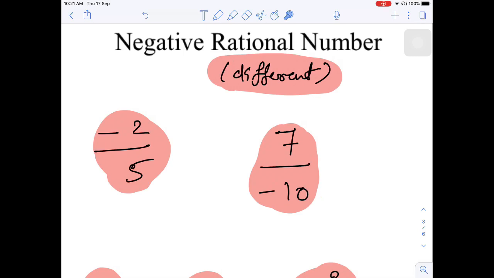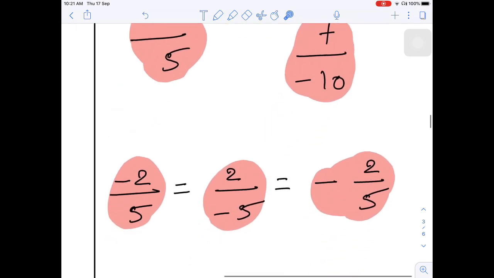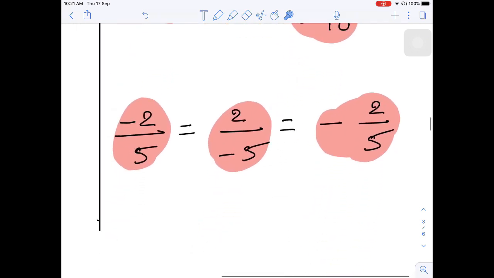I think it must be clear to you what is a positive rational number and what is a negative rational number. Now, this negative rational number can be written in three ways. Let us consider minus 2 upon 5. Both the numerator and denominator have different signs, so it is a negative rational number. Remember that this minus sign, as per our requirement, we can keep in the denominator also.